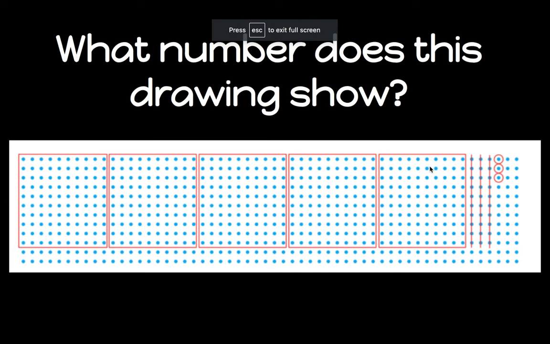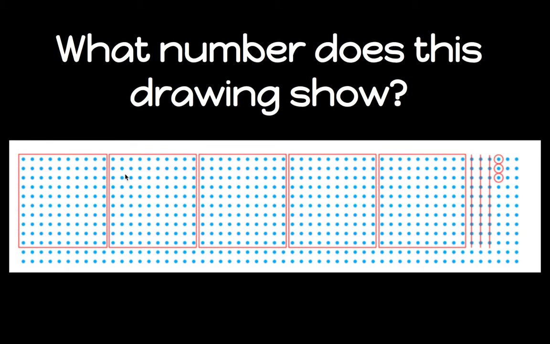Okay, so now we're going to take those base 10 blocks and we're going to turn them into what we call a dot array. So here I can see dots and a square around them. And we have 1, 2, 3, 4, 5, 6, 7, 8, 9, 10 by 10. If I count by tens, I should know that there's 100 dots right here. So these are our 100 blocks.